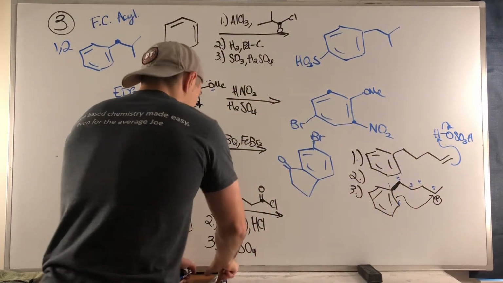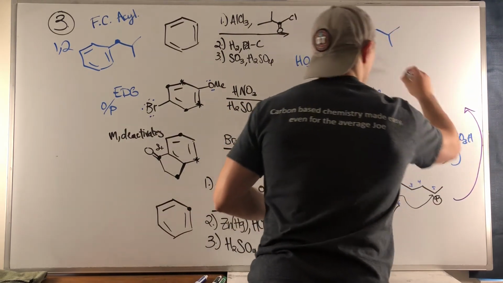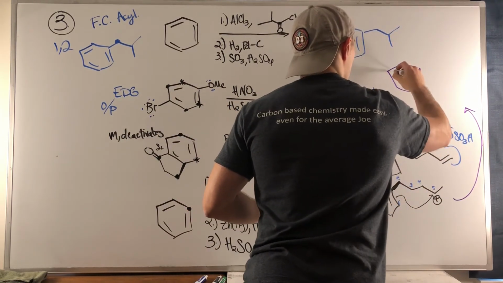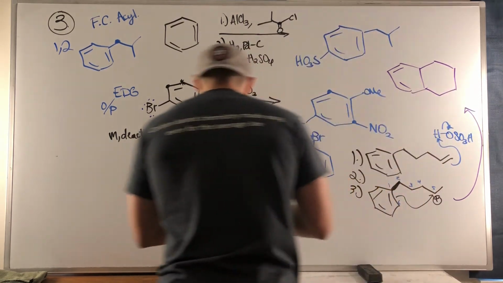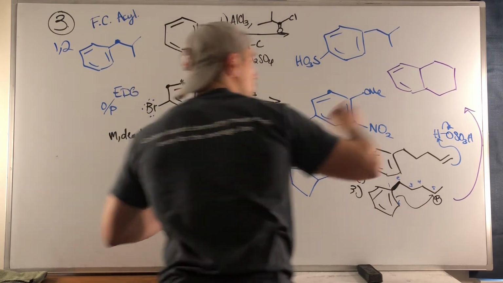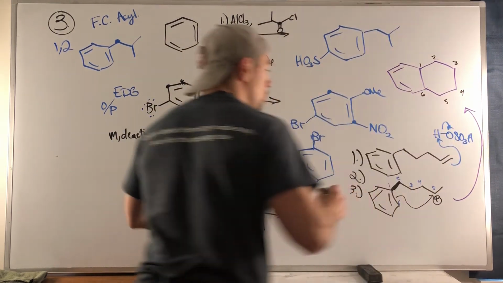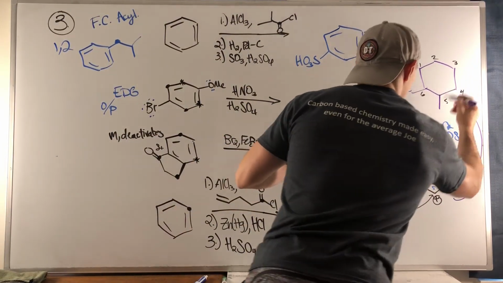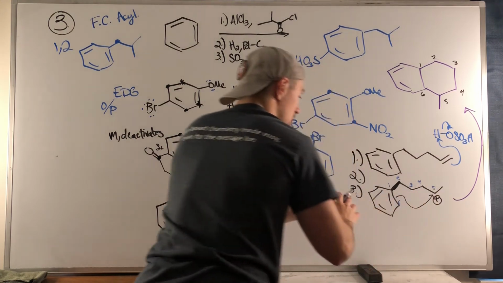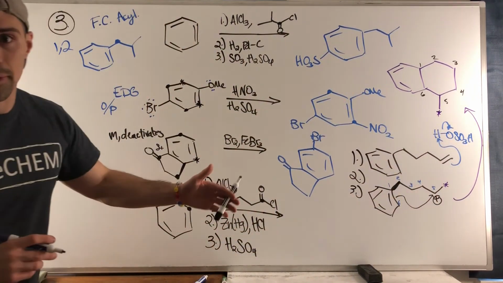I'll draw it in purple. So this was 1, 2, 3, 4, 5, and 6. And I hope you remember that off of 5, we have a methyl group, right here, because this carbon right here did not make it inside the ring. It's outside the ring, okay?